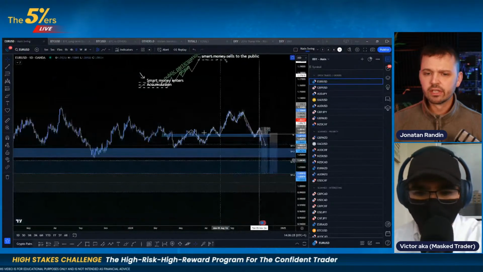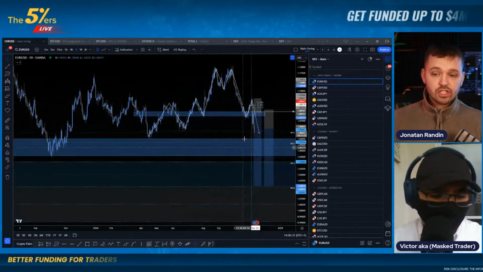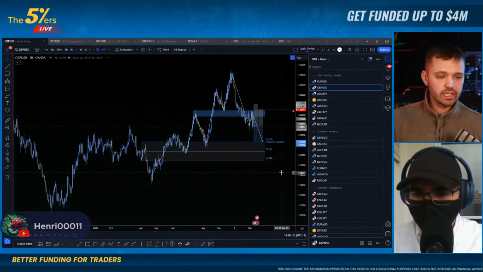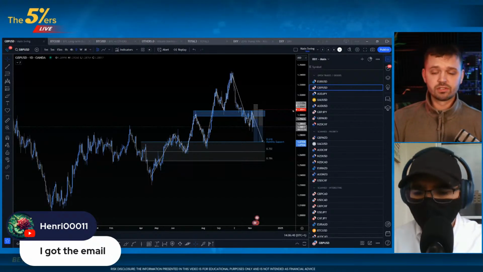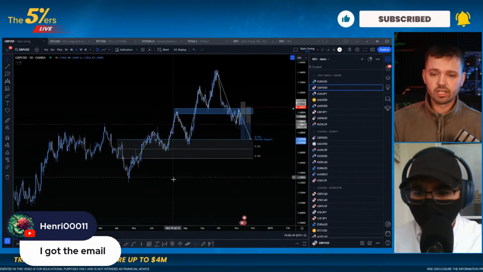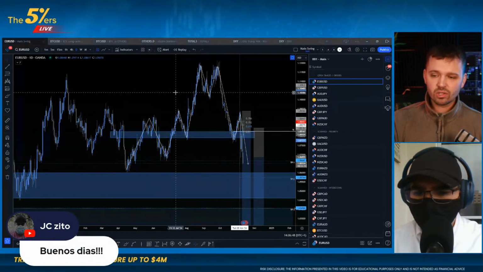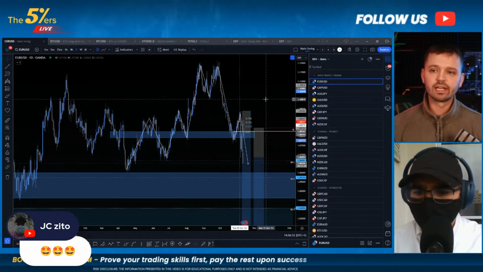So as you can see here, I have a short trade on the euro dollar, the EUR/USD. I also have a short idea on GBP/USD here, which is based on a breakout structure. Same with EUR/USD, based on a breakout structure, but it's also based on another foundational underlying idea that I have here.